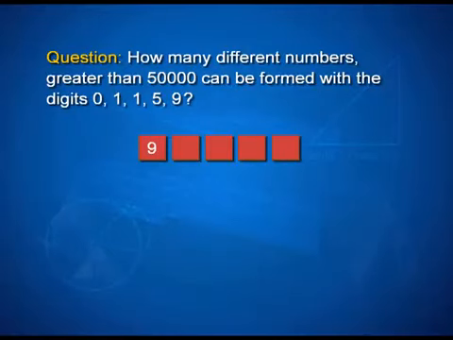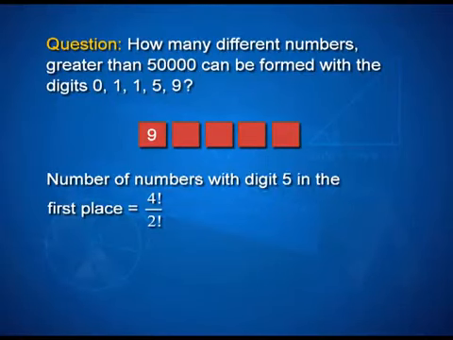Alright, so now let us take a case where instead of words and letters, we are dealing with numbers. The problem says: how many different numbers greater than 50,000 can be formed using the digits 0, 1, 1, 5 and 9? So, again we are looking at a 5-digit number to be formed, but that number must be greater than 50,000.